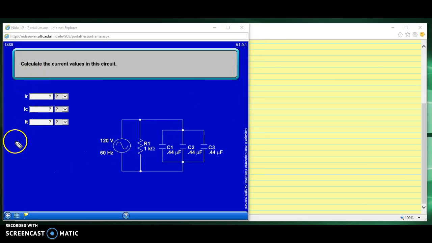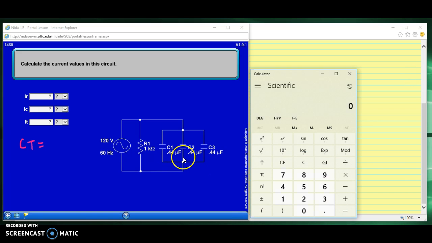CT is pretty easy. It's just a matter of adding those up, right? Let's use our calculator.